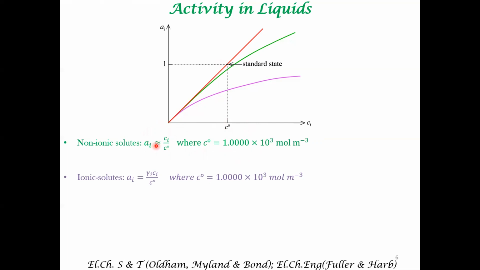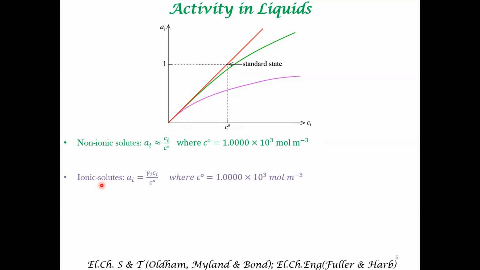Another point to notice is that at low concentration, when you keep decreasing the concentration, for both the ionic solute and the non-ionic solute, a_i is equal to c_i. The deviation from this red line kicks in only at higher concentration. It kicks in earlier for an ionic solute.